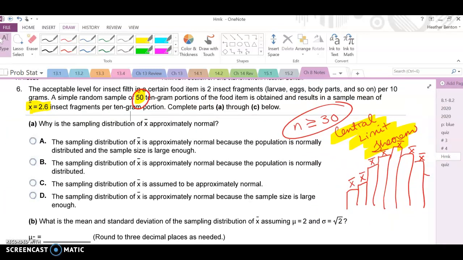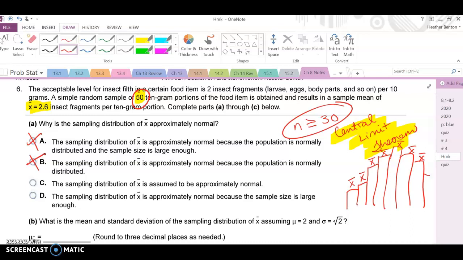So some of these answers are kind of funny. Like this one's normal because the population is normally distributed. Well, we didn't know that. If it was, that'd be great, but they didn't give us that information.